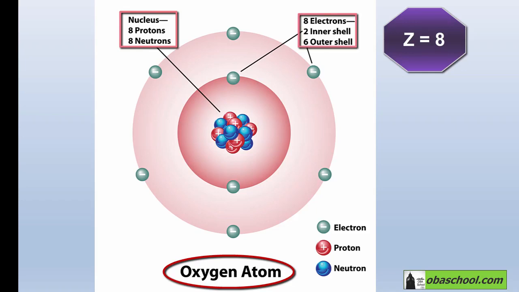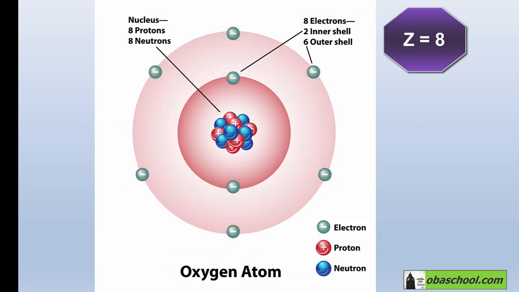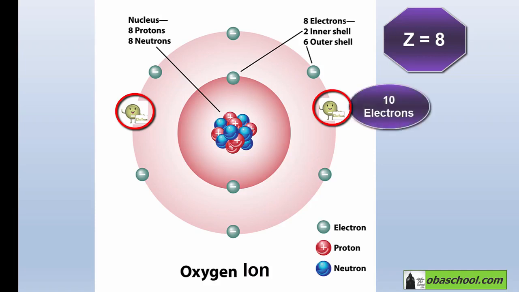It has also 8 electrons in energy levels, where the first 2 electrons, as you can see here, are in the inner shell, which means the shell nearer to the nucleus, and the remaining 6 electrons are in the outer shell. However, in some cases, the oxygen atom will gain 2 more electrons, and thus it will have 10 electrons.